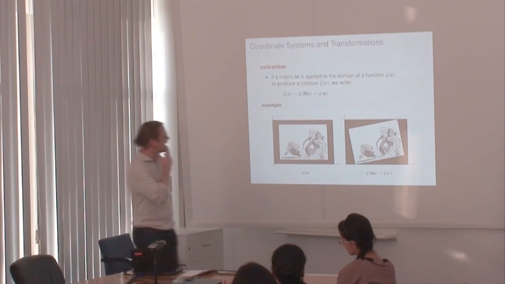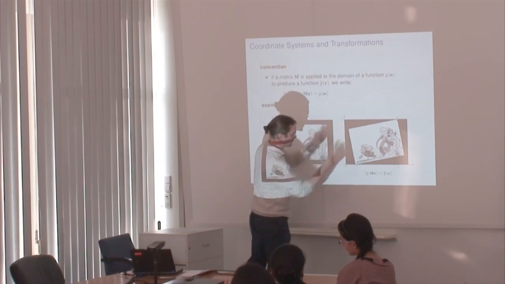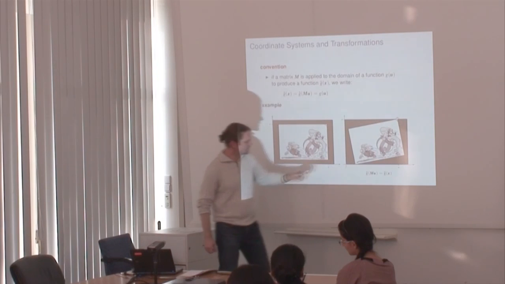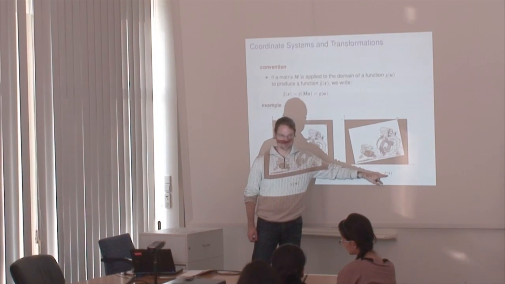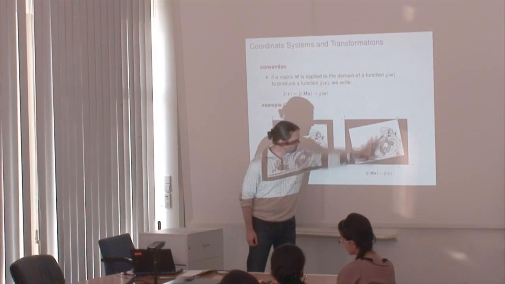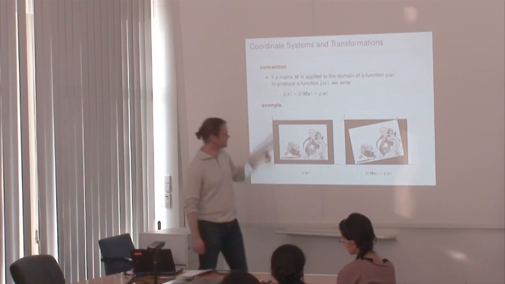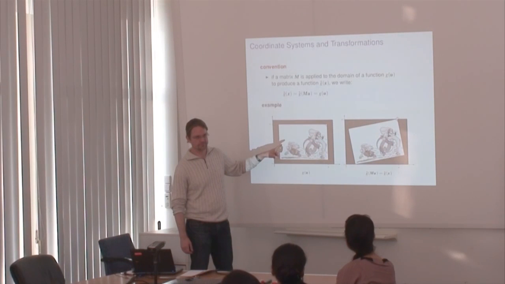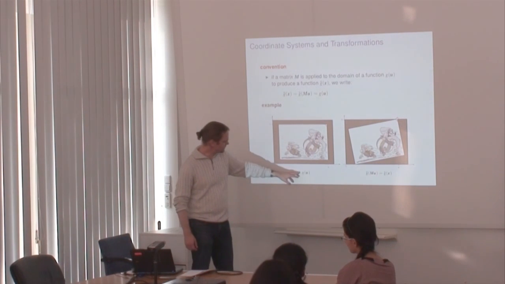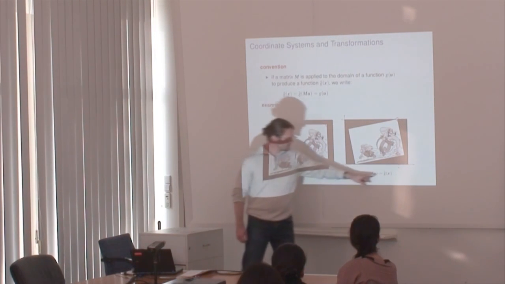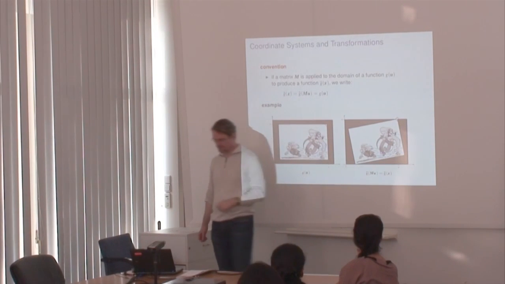And now I have produced a new function, and I call this one g tilde of x. This is obvious if we look at it. This here is a different function than this here. This one is called g of u. This one is called g tilde of x.